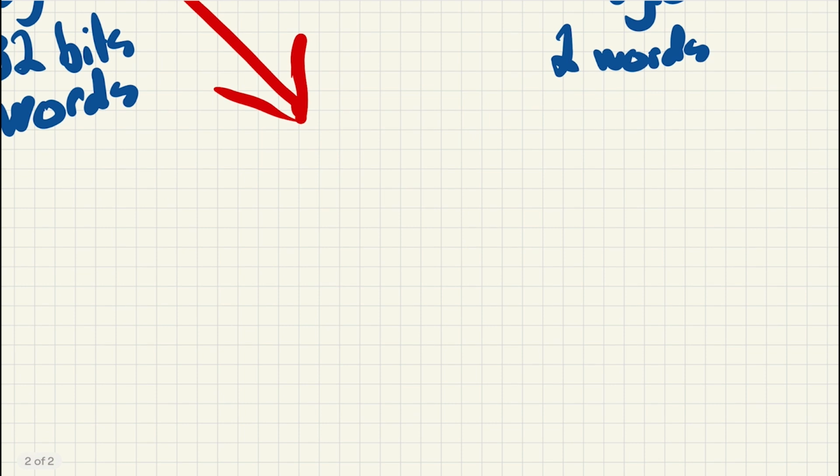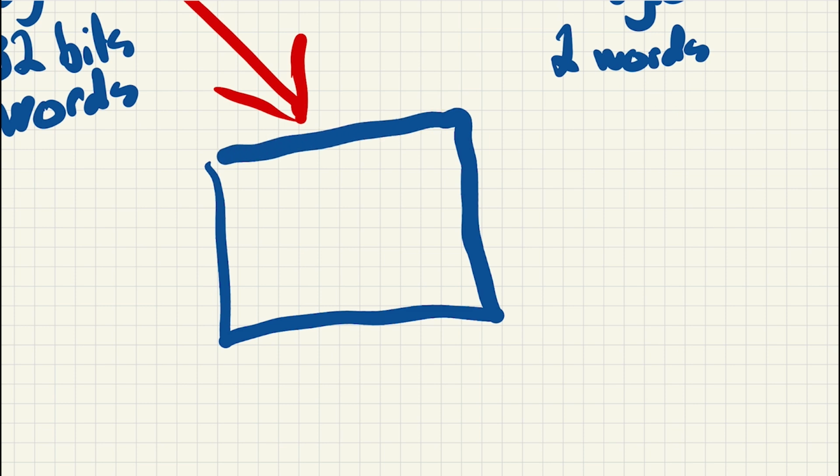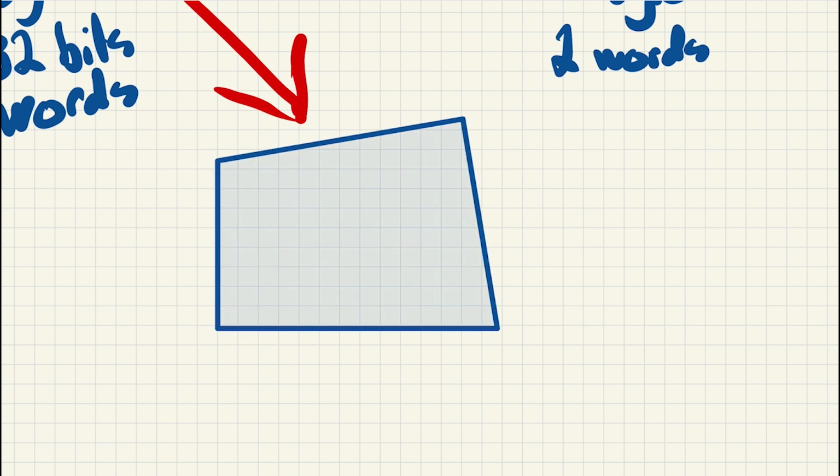This is a zoom in of this header. Every allocation will have its own header, and this contains 3 different things.